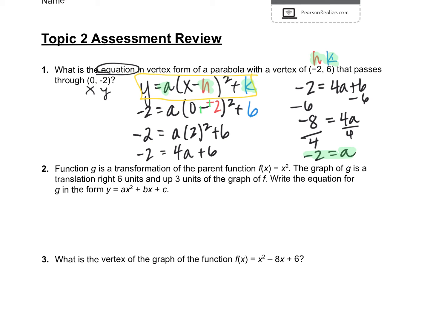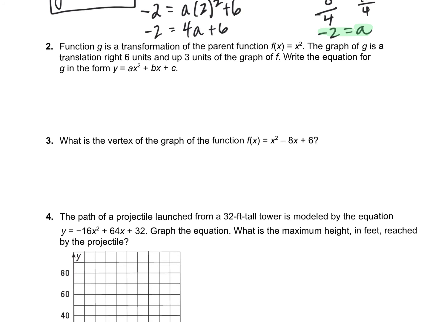So when I actually write those down, it's going to be y equals a is -2, x minus -2, so x is plus 2 quantity squared plus 6. This will be my final answer on question number 1.